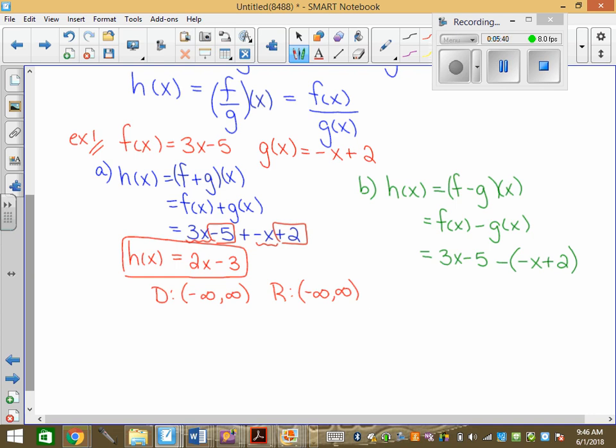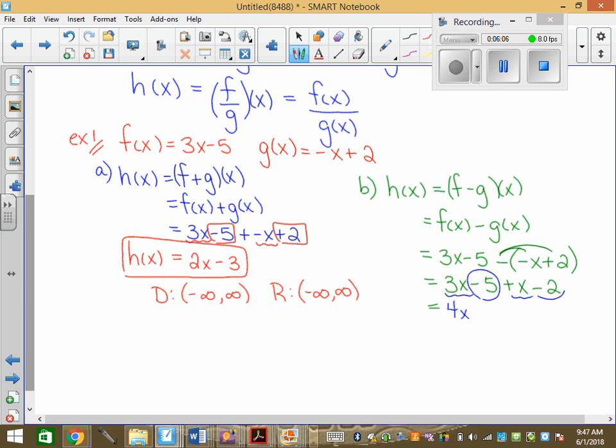Do you think the answer will be there if you do forget the brackets? Absolutely. So we get 3x minus 5 minus x is plus x, minus positive 2 is negative 2. And then collect like terms. 3x plus x is 4x.